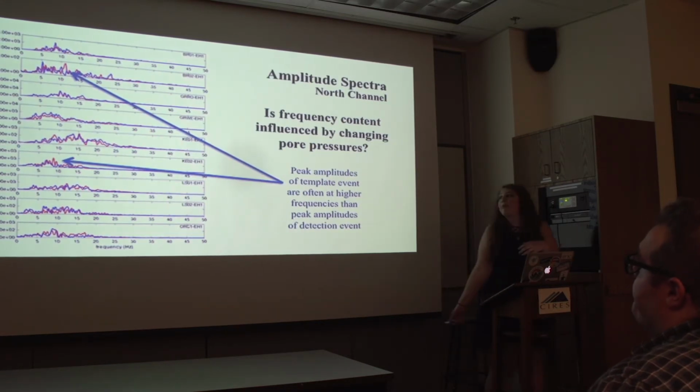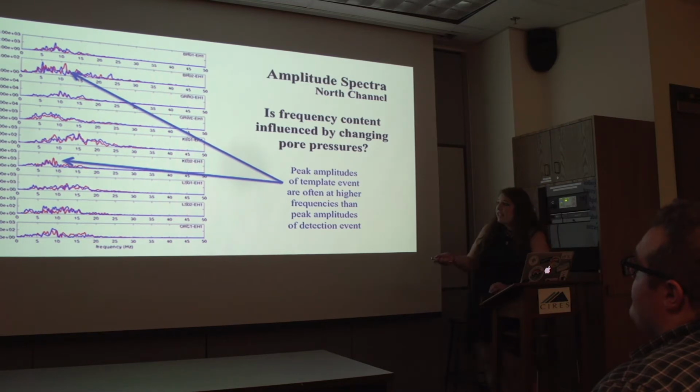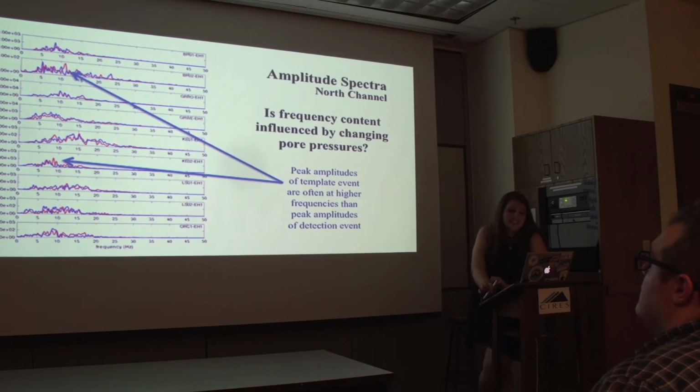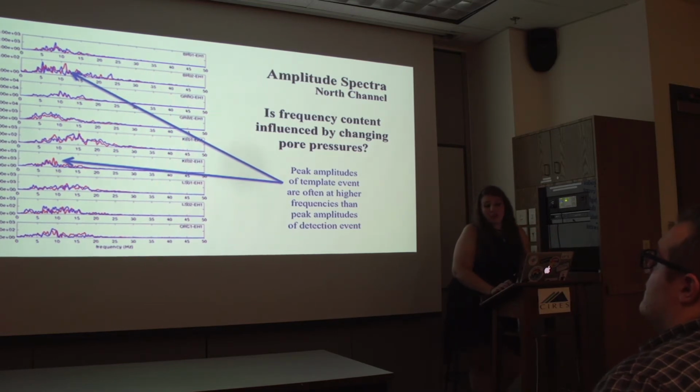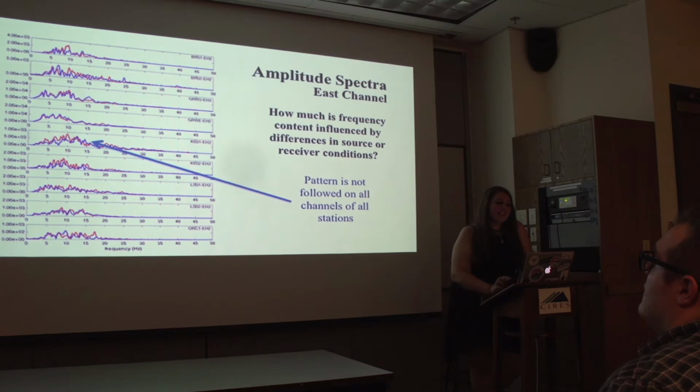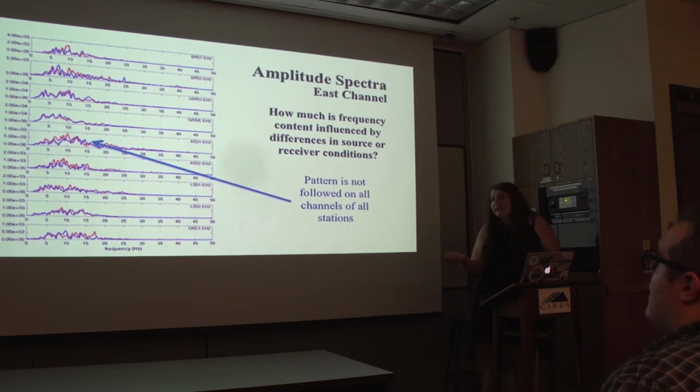And here are our amplitude spectra plots. Over here you have the amplitude, and down here you have the frequency. As you can see, the peak amplitudes of the template event generally tend to be higher. So we're wondering, is frequency content potentially being impacted by pore pressure? You can see, though, that the pattern isn't necessarily followed everywhere on all these stations.